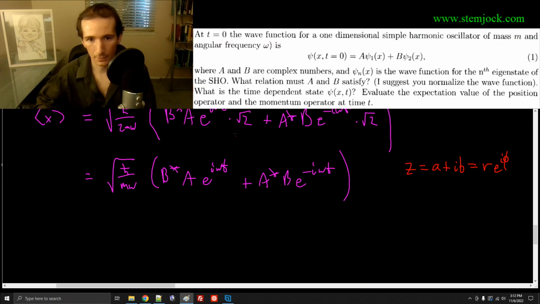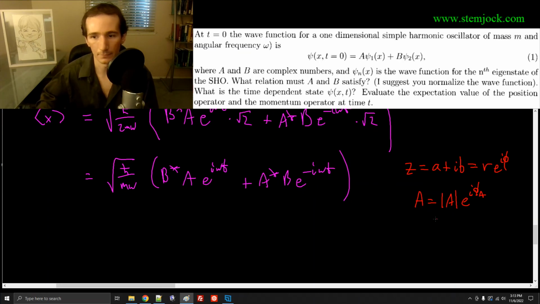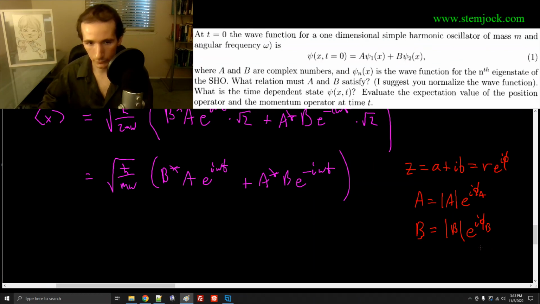So I'm going to say that A is the magnitude times e to the i phi A, where phi A is some phase factor. And similarly for B, I can write down magnitude of B e to the i phi B. The point of doing this is to simplify this formula here. So using this, it becomes square root h bar over m omega, b star.